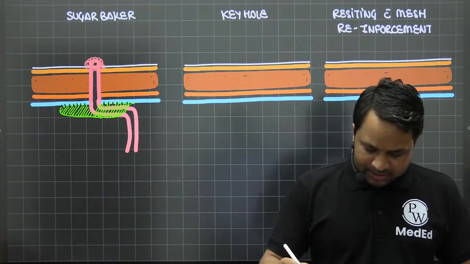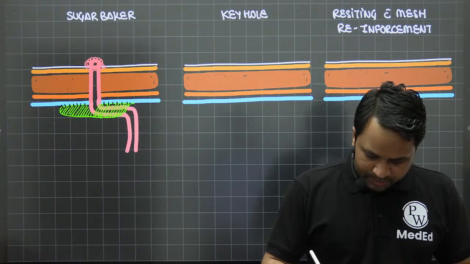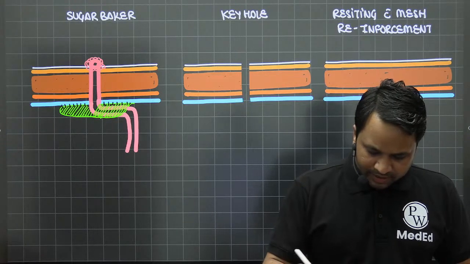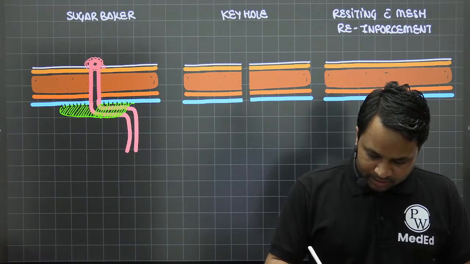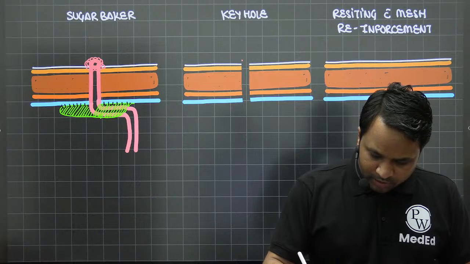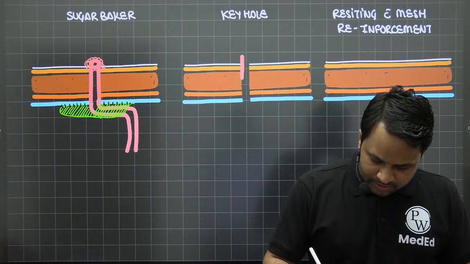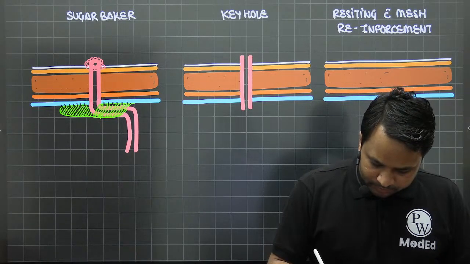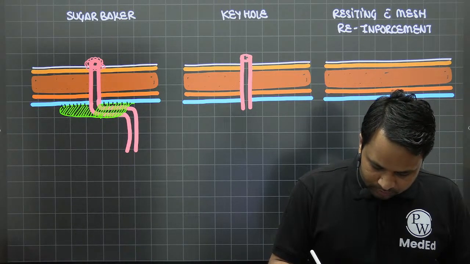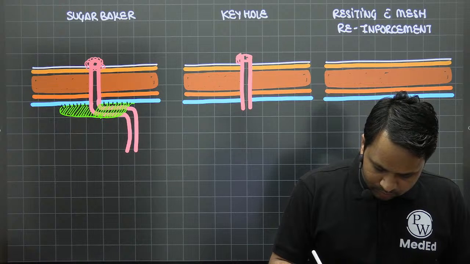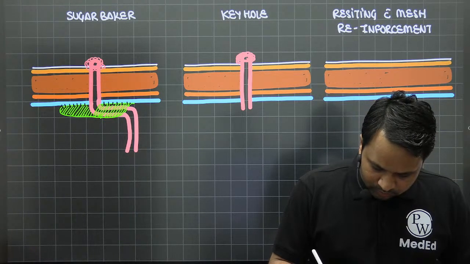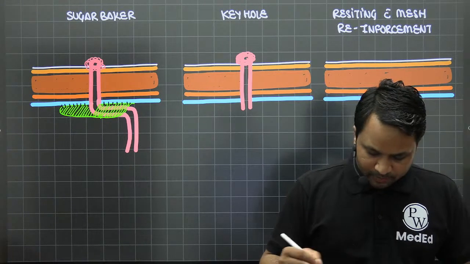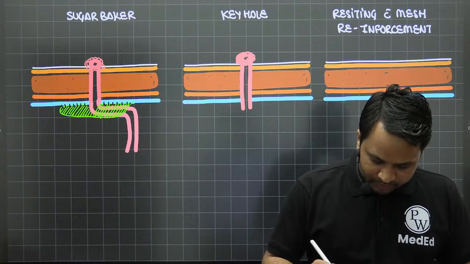Now keyhole says, okay, another way of doing the same thing. If the bowel is protruding out like this, this is where the bowel is protruding out, and this is where the stoma is present, and this is the rest of the bowel.